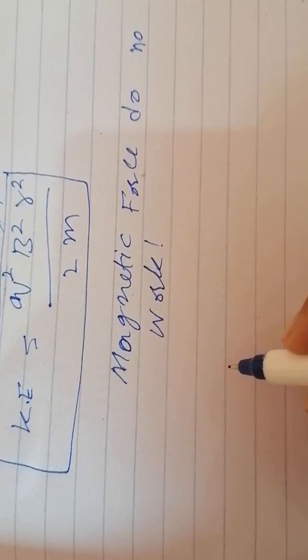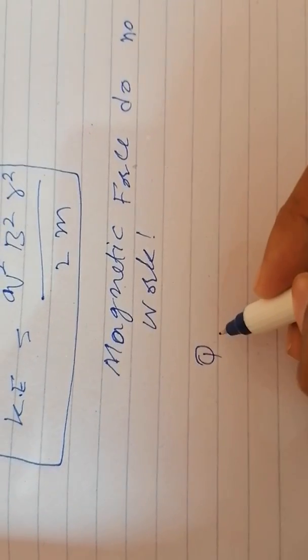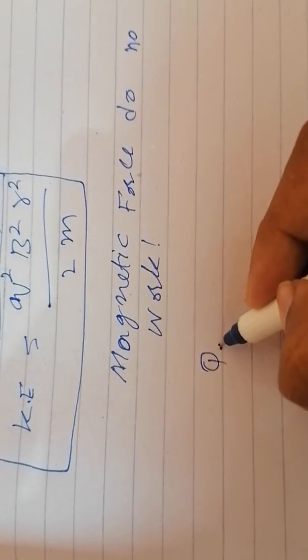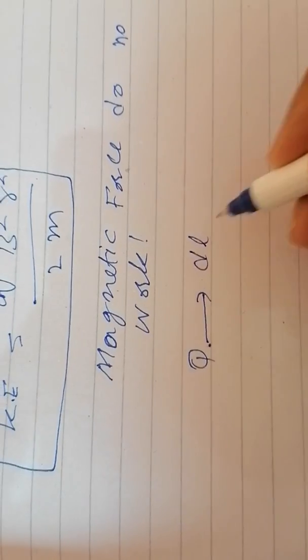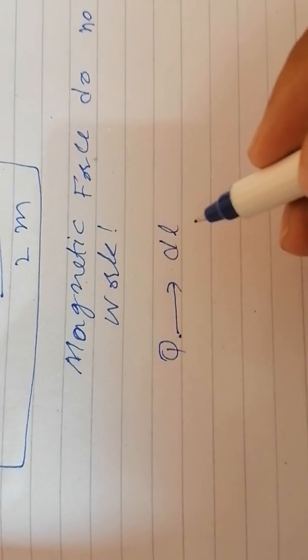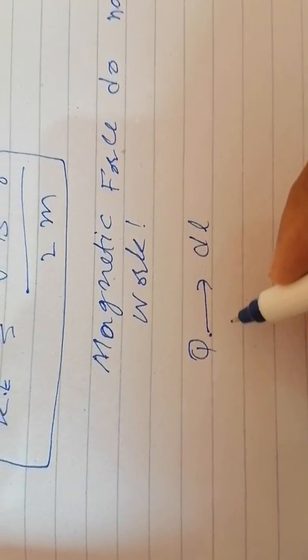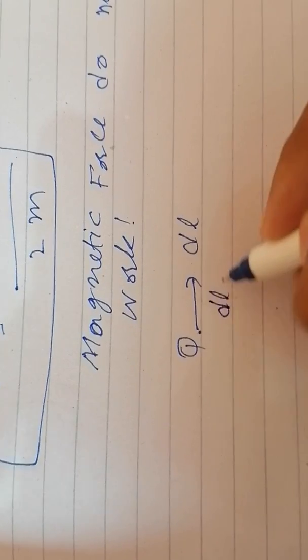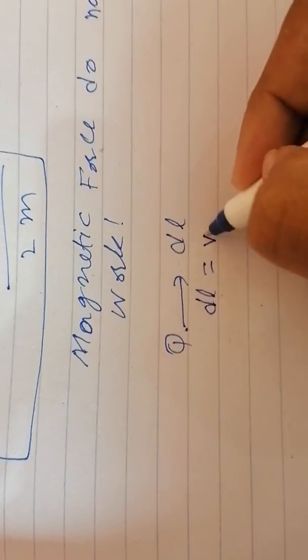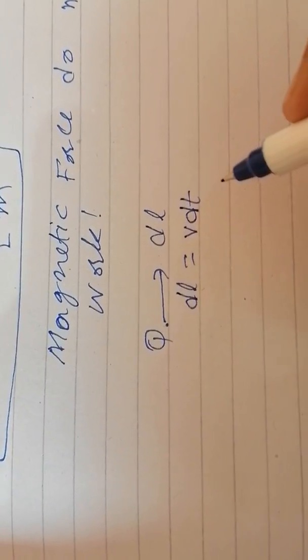If we have a charged particle q, and it moves a displacement dl, that dl is given by the velocity of the particle times the time.